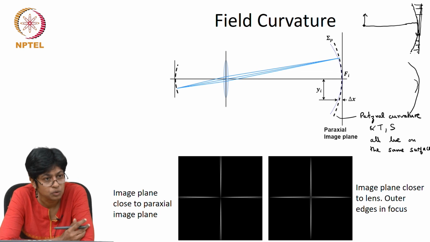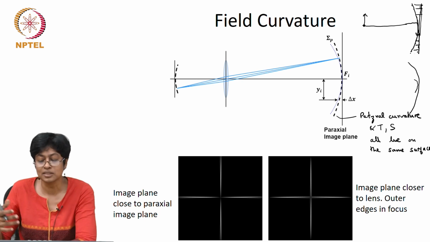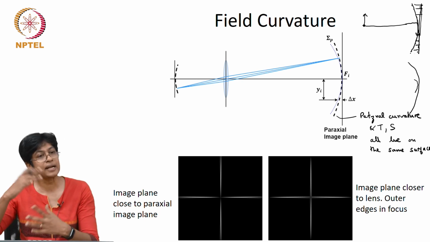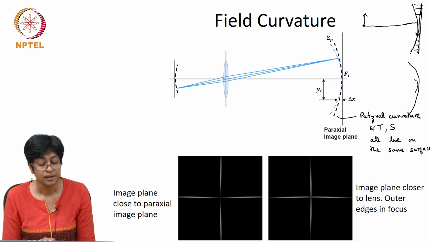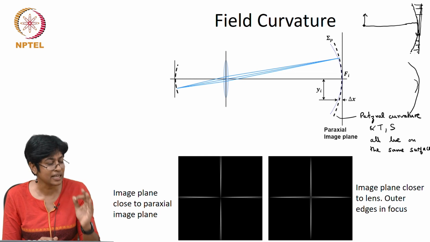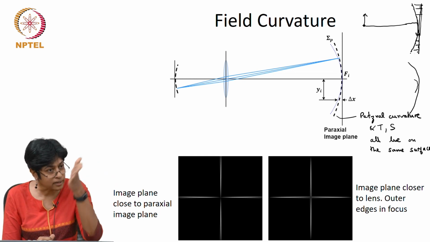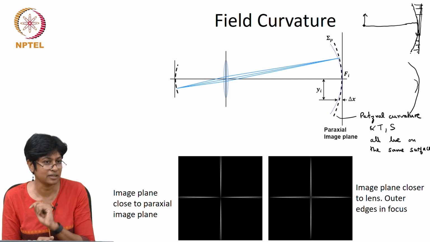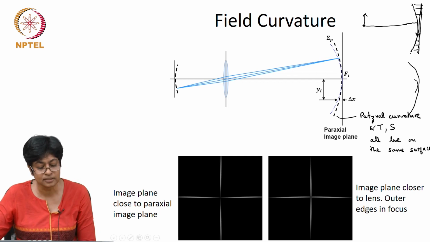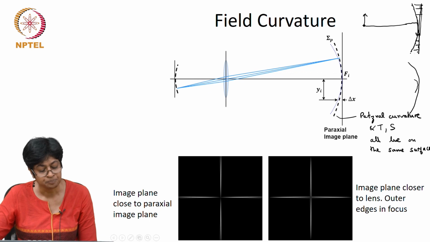But the moment you go to an off-axis point, these three surfaces separate. You could consider the Petzval curvature as like the paraxial curvature, the best curvature you get even for on-axis. Then the tangential rays will focus on one curved surface, which is different from where the sagittal rays focus. And you can see these two images over here.